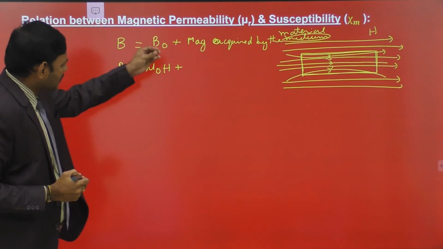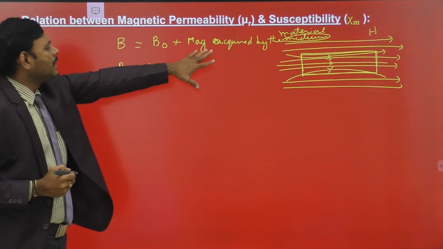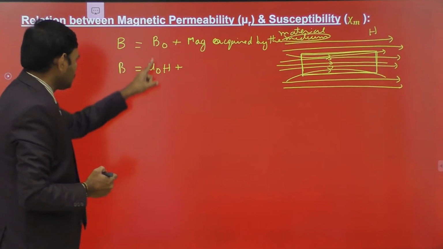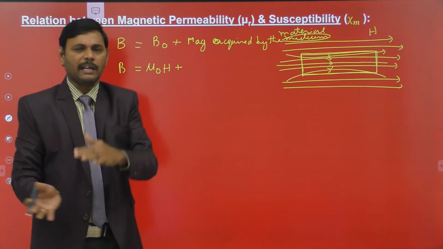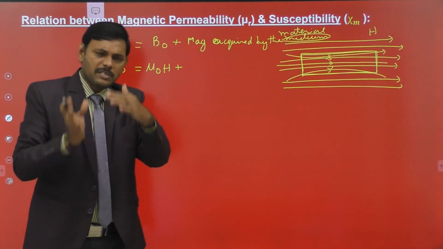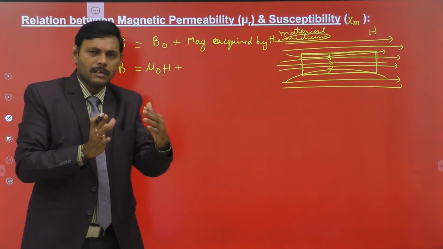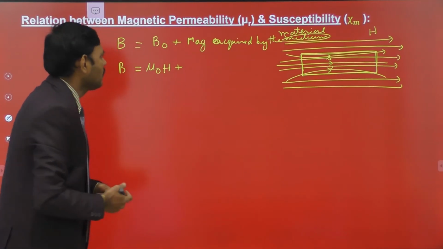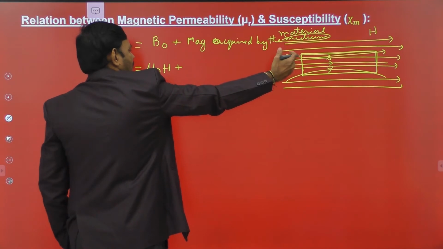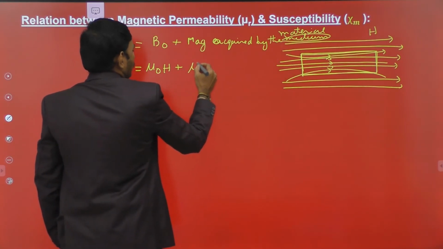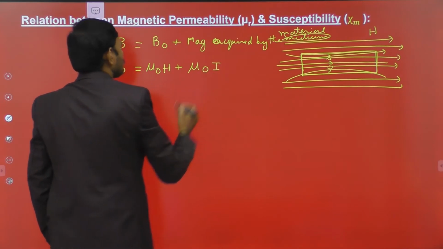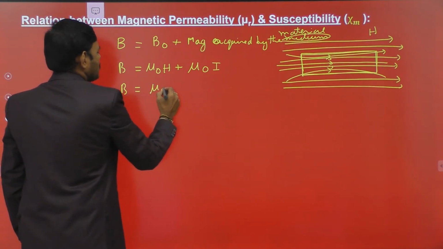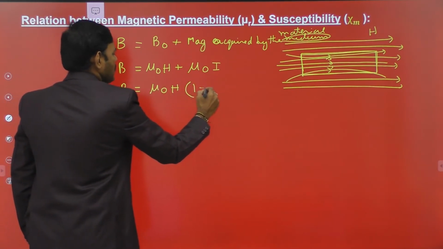So in the absence of the material medium, the magnetic field present in that place is mu naught H. We know this relation, B naught is equal to mu naught H. And the magnetic field acquired by the material medium is mu naught I. This implies B is equal to mu naught H common from these two terms, 1 plus I by H.